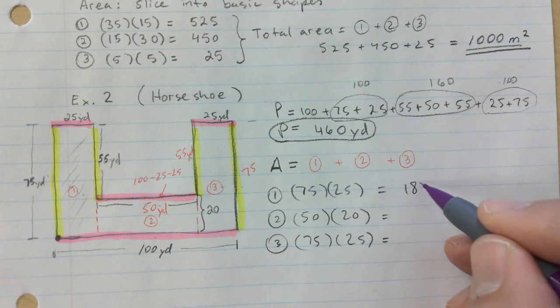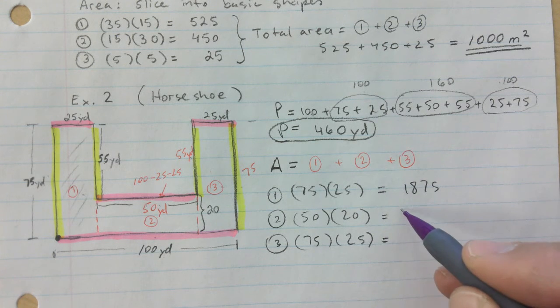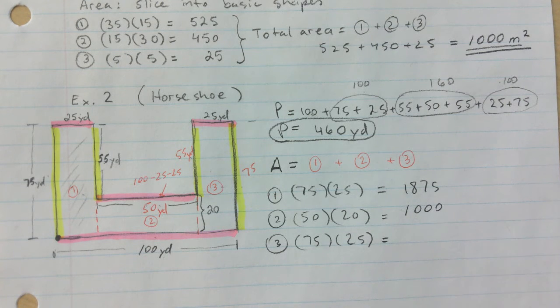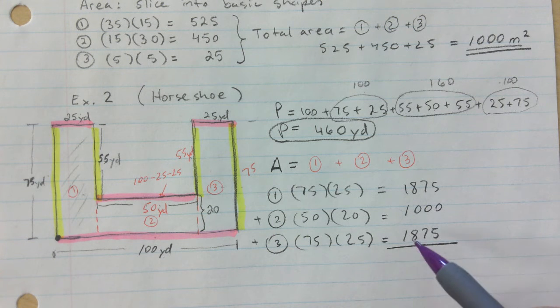So that's 1875. This would be 1,000. And this would also be 1875. We add them all up, right? 1875 plus 1875 is 3750. 3750 plus 1,000, that's 4750.